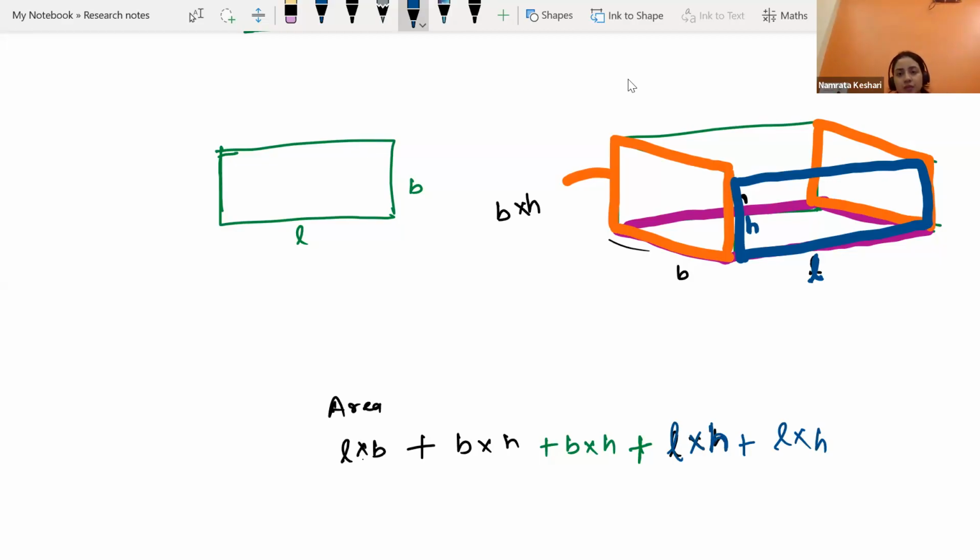Okay, there is a blue one in the front and at the back also. We have taken all except the top one. The top one will be exactly like the bottom one, just a rectangular shape having length and breadth.